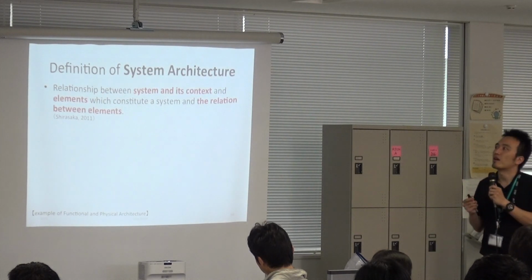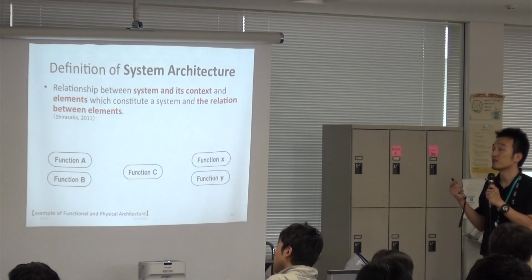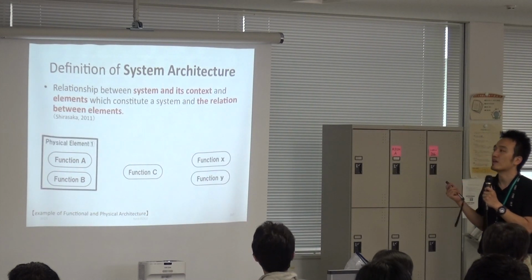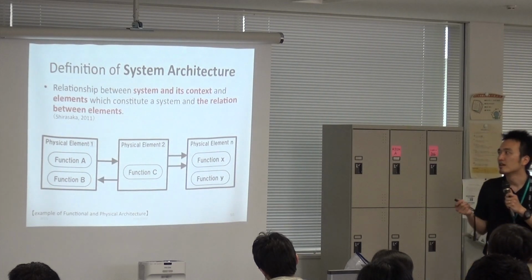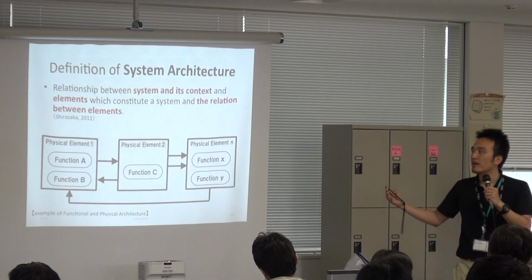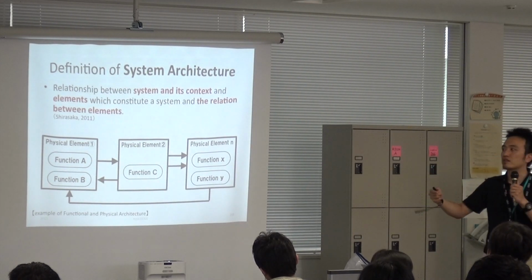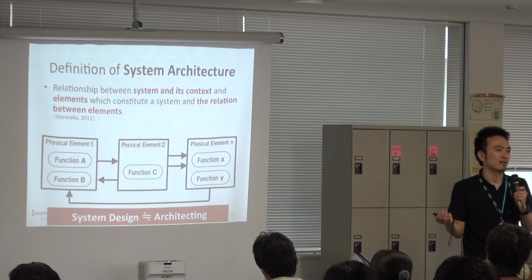So the definition of system architecture is a relation between a system and its context, the elements which can constitute a system, and the relation between elements. So this is an example of a function in physical architecture. Physical elements have some functions, right? And then they're interconnected. So basically, system design is almost nearly equal to architecting.